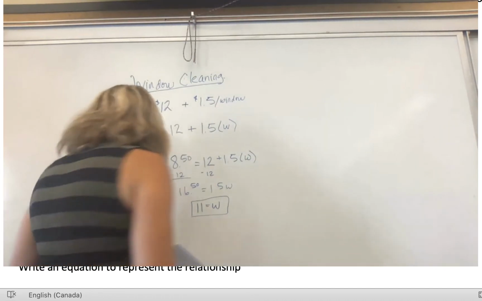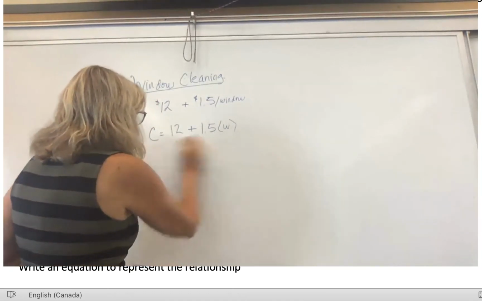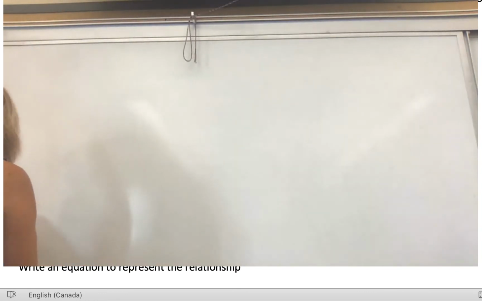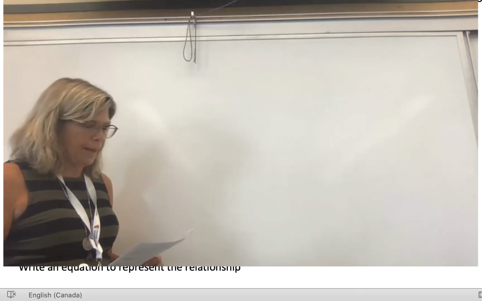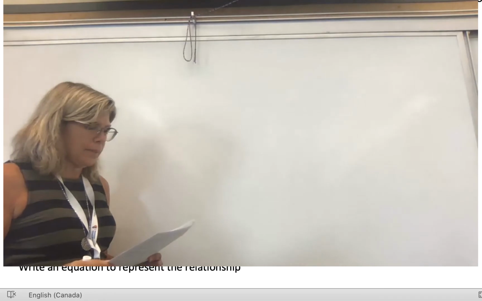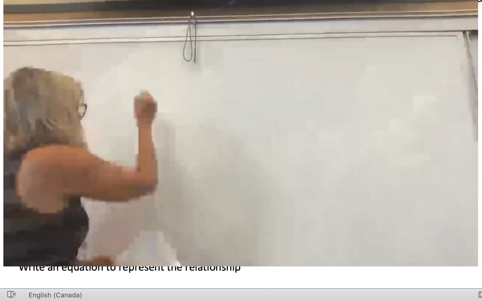Okay, the last one I want to go through is there's a pizzeria, and they have a lot of different toppings. And in this case, the plain pizza with tomato sauce and cheese costs $9.